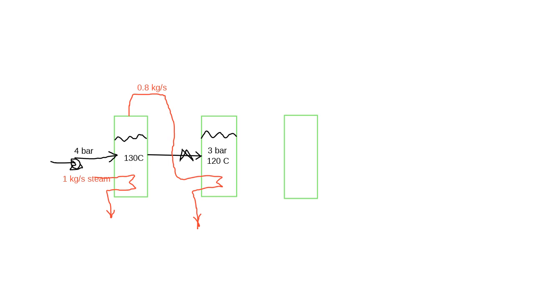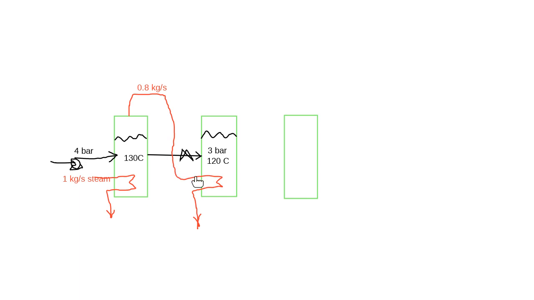Now, this steam is at 130 degrees C, and you've got 120 degrees C there, so you've got a temperature difference that you can use to extract the energy out of the steam and make condensate. Oh, wait, I need to show you with a pointer. So here you are.